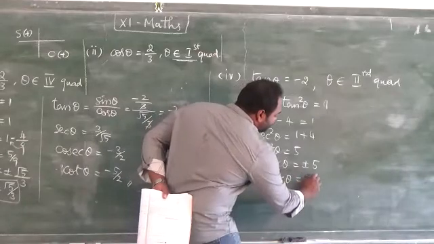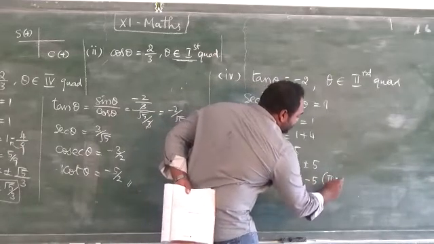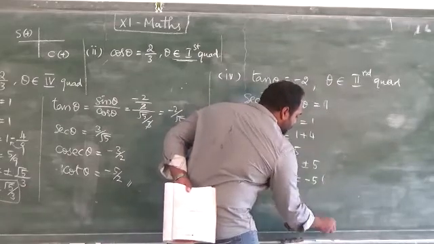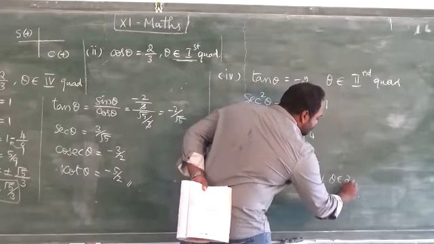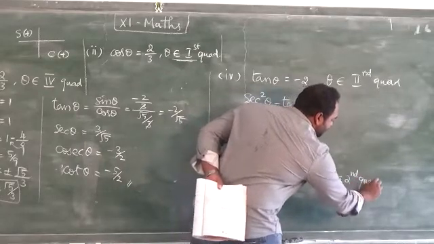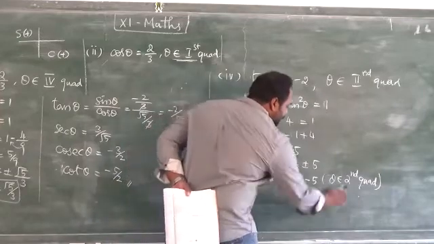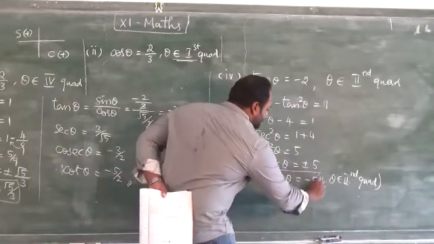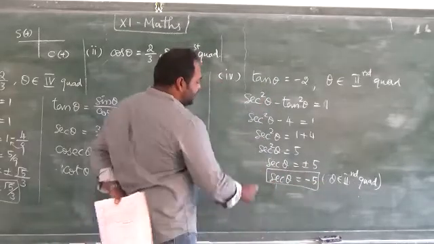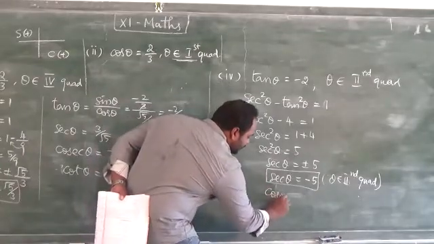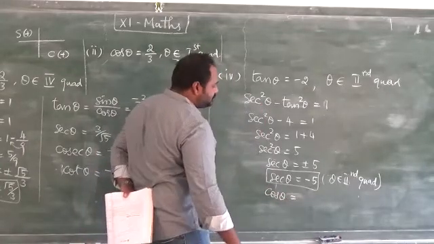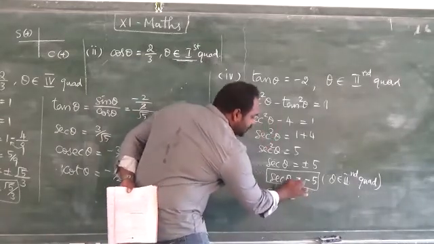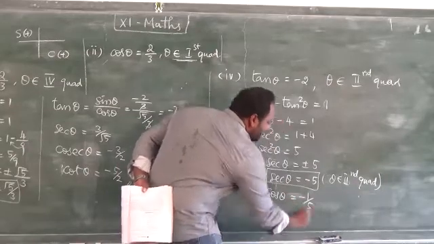So secant theta equal to minus root 5, since theta belongs to the second quadrant. So using this secant, we know that the cos theta value is the reciprocal of secant, minus 1 by root 5.